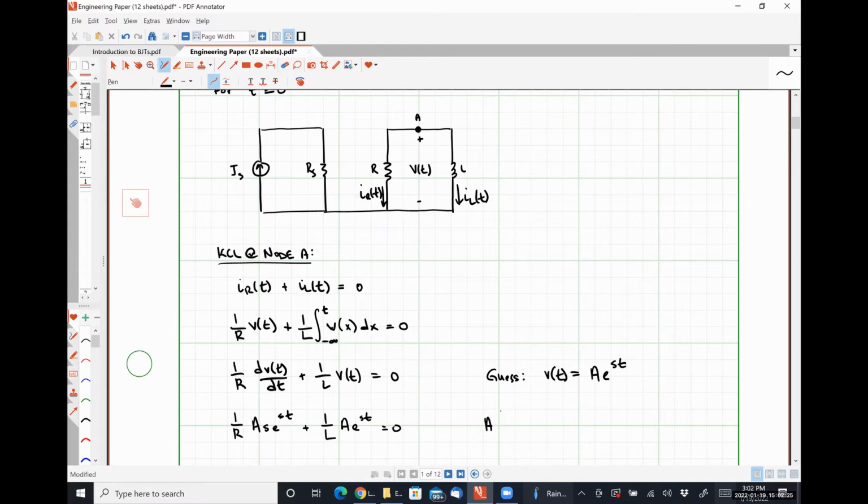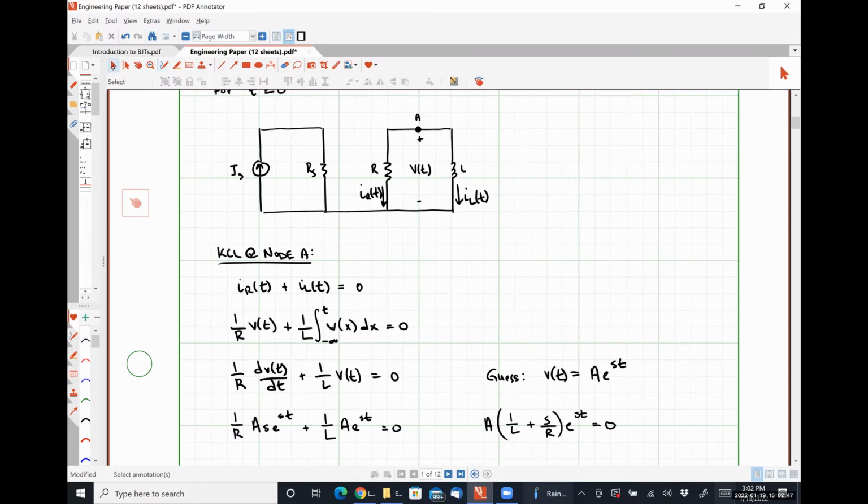Then we're going to have one over L plus S over R multiplied by e to the st is equal to 0.